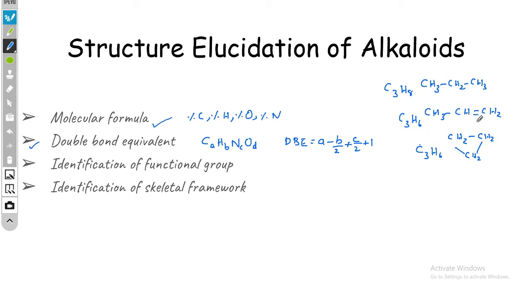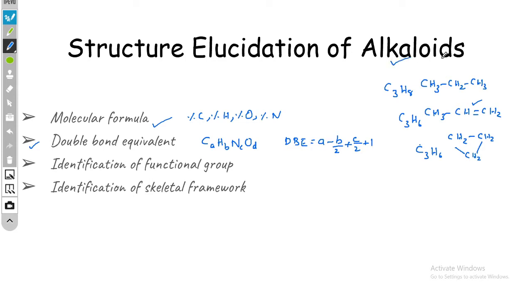That is due to the formation of a pi bond or a ring; there will be a loss of two hydrogen atoms. So we calculate the double bond equivalent in order to get an idea about how many double bonds or rings are present in an alkaloid.